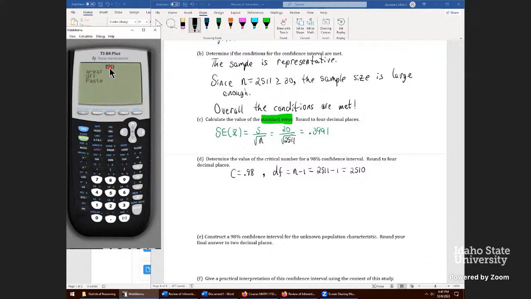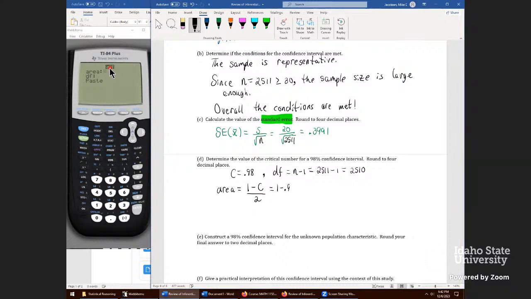We usually draw a picture for that, and we'll still do that, but here's pretty much the punchline to this. The area is always going to be 1 minus confidence divided by 2. So it's 1 minus 0.98 halves, which is going to be 0.02 halves, which is going to be 0.01.